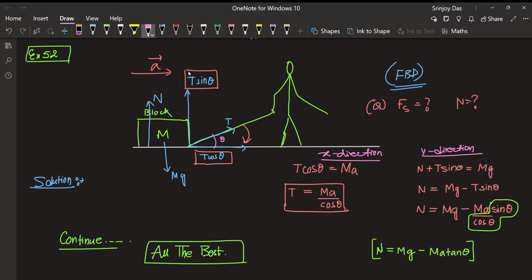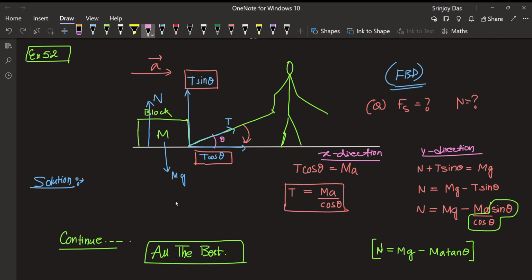In the y direction, we can see that the t sin theta is there upward, n is there upward, mg in the downward direction. So we can also see that the block is in equilibrium, means at rest on the floor. It is not coming down the floor.